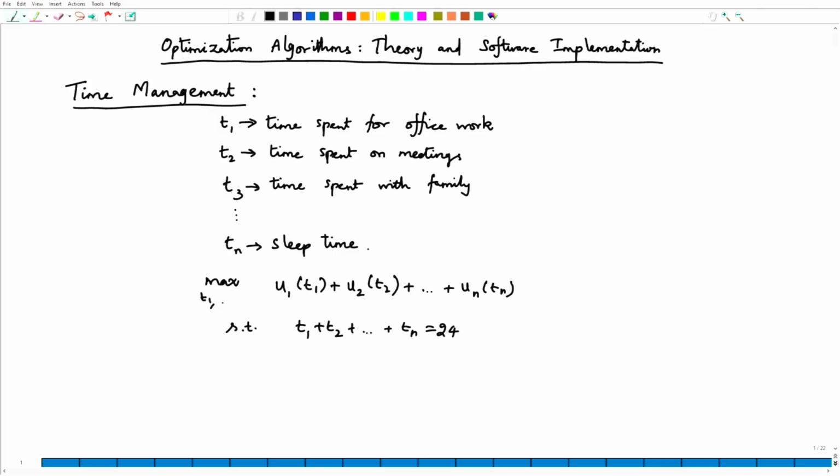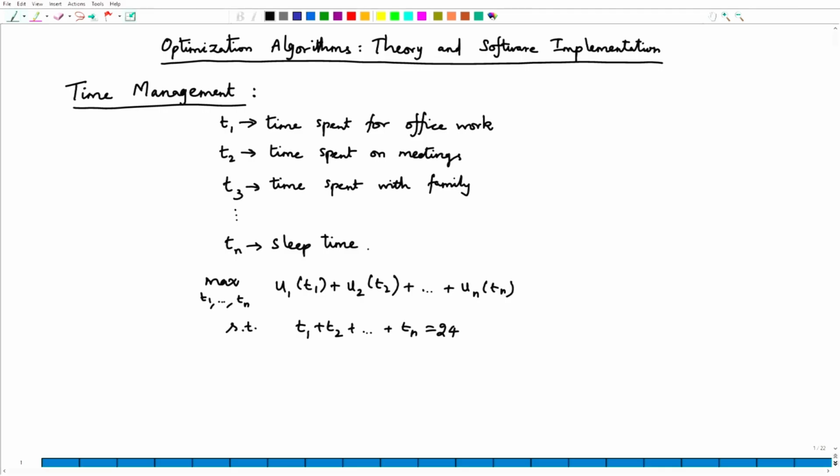So, this maximization is over T1 to Tn. You can see that this is actually an optimization problem where he has to maximize the sum of utilities, subject to the constraint that he has exactly 24 hours in a day.